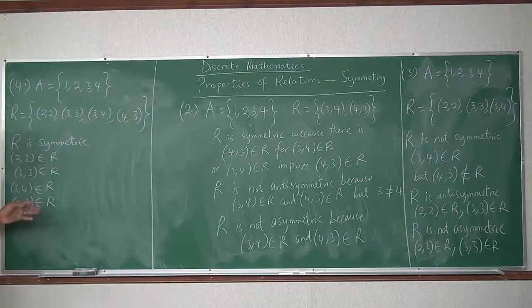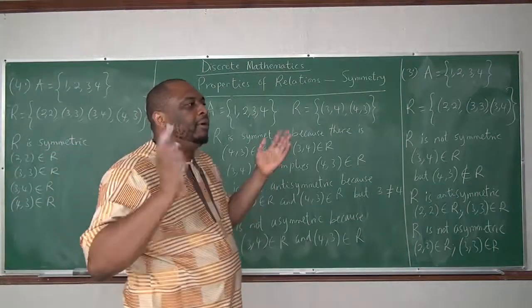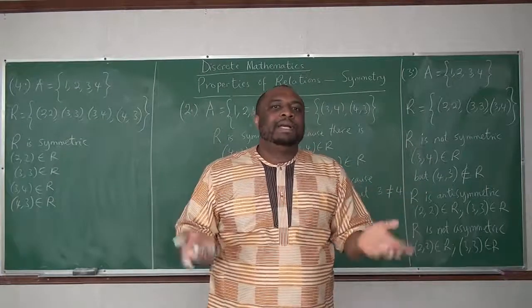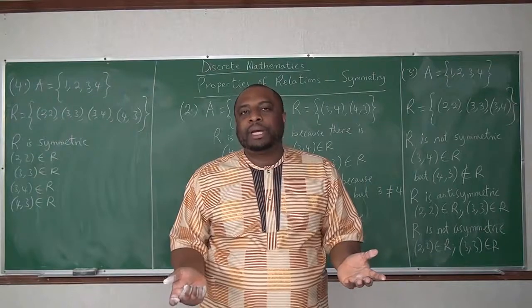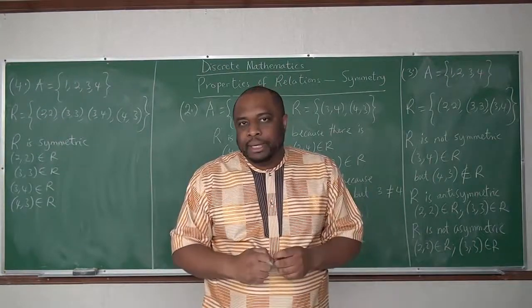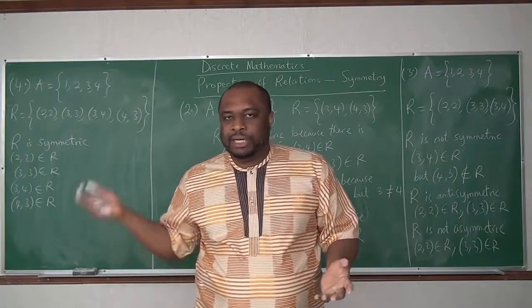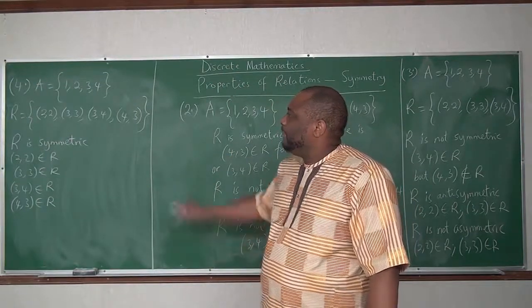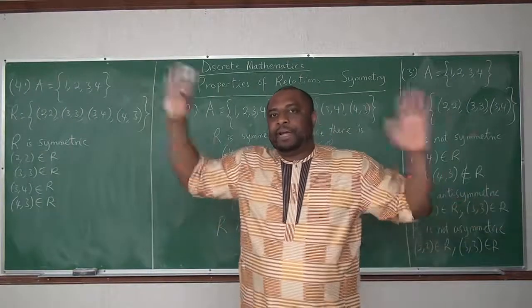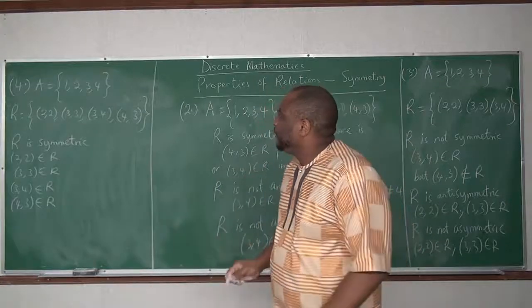When you have the loops 2, 2, 3, 3, 4, 4, that's fine. If you have only that, we still consider it symmetric. We shall do that case in the next example. But the main thing here, you have 3, 4, therefore you have 4, 3. That's fine. Therefore it's symmetric.